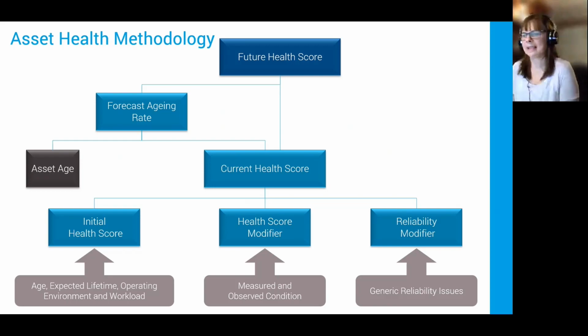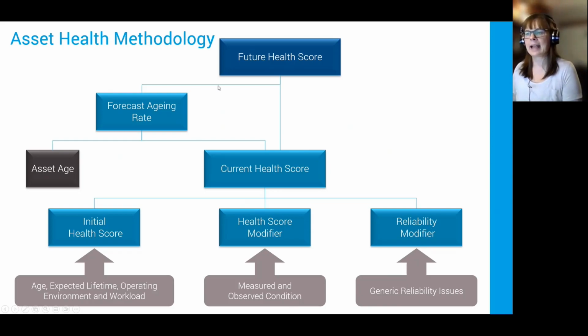Does this make sense? And the asset health score is made up of the initial health, and this in turn is made up of age, expected life, operating environment, and workload. A health score modifier, which is the observed and measured conditions, and also a reliability modifier. And we'll take a quick look at each of these in turn.